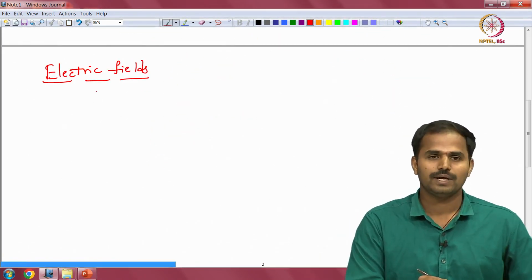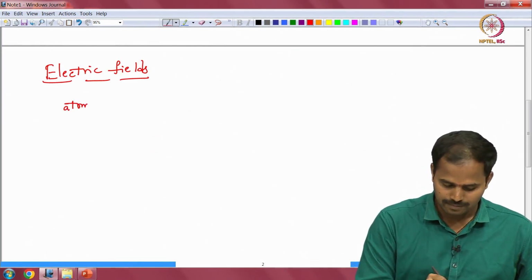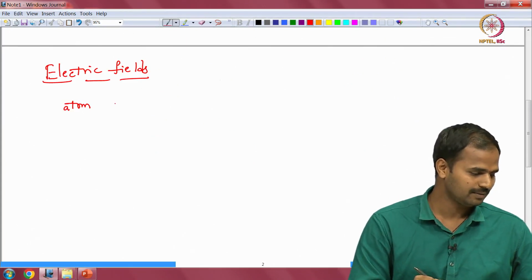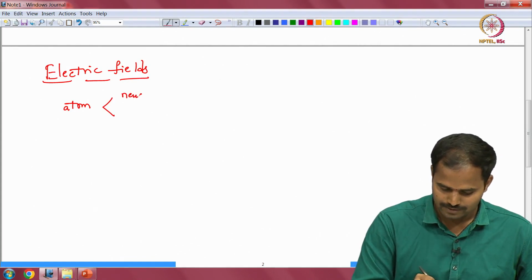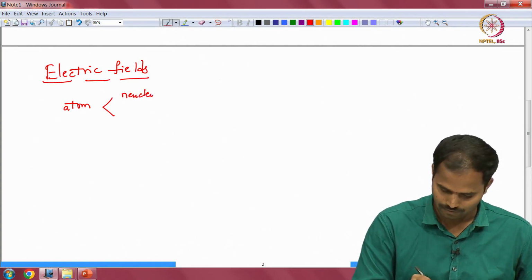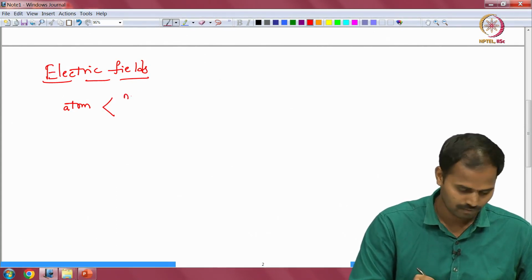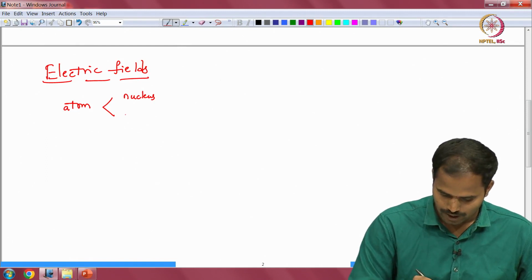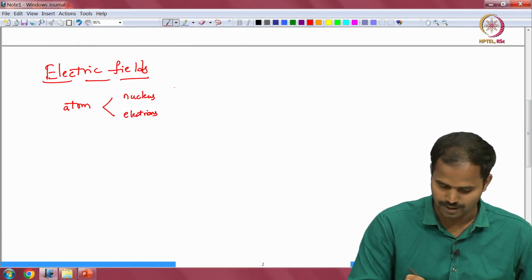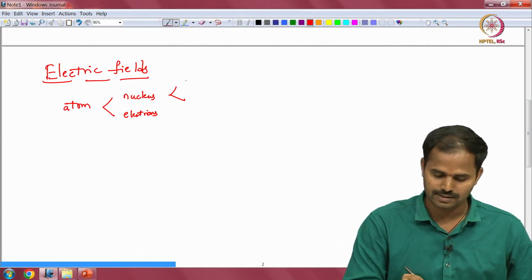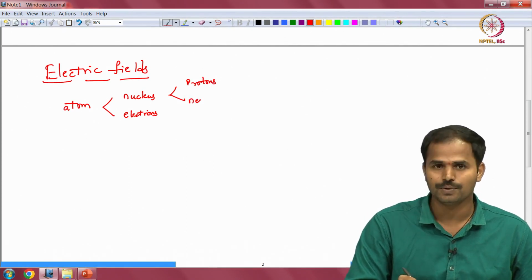Before discussing electric fields, I will start with the atom. An atom is a particle which consists of a nucleus and electrons surrounding the nucleus. The nucleus consists of protons and neutrons.